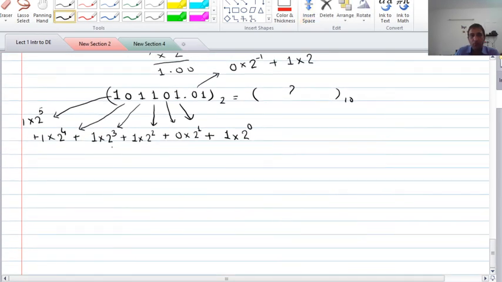We can write this number, 101101.01 in binary, is equal to, see here, 1 multiply 2 raised to power 5, that is 32, plus 1 multiply 2 raised to power 4, that is 1 multiply 16, plus, sorry, this number should be 0 here.